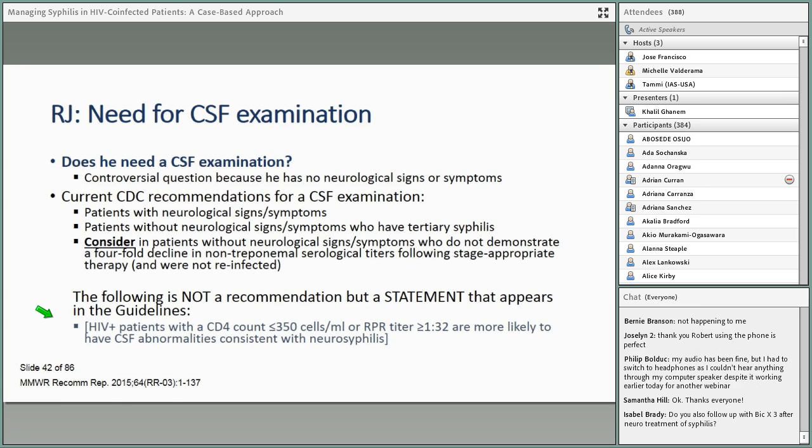So this is the summary of treatment recommendations, ladies and gentlemen. Early syphilis, primary, secondary, early latent, benzathine penicillin 1 dose, or doxycycline. Latent or unknown duration, 3 doses of benzathine penicillin, or 1 month of doxycycline, 28 days. If I said 3 weeks earlier, correct me, it's 4 weeks of doxycycline, so it's 28 days, I apologize.